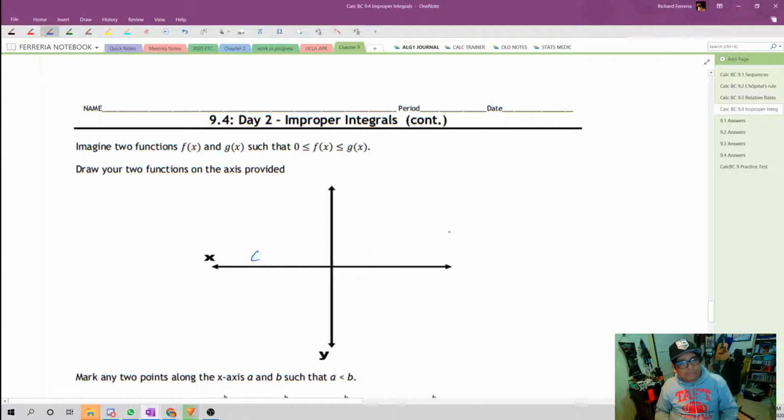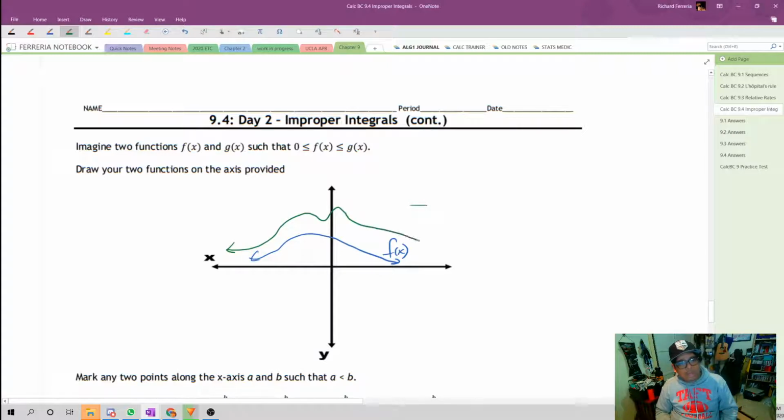Actually, let's change this graph just a little bit. Let's call this f of x, and let's call the other one g of x. Now, g of x needs to stay over f of x, and I'm not super satisfied with this one also.